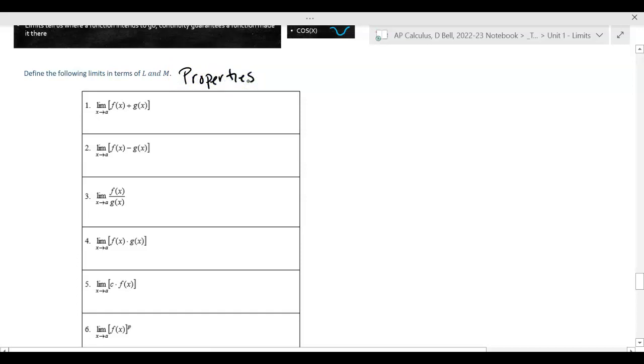So define the following in terms of L and M. We're going to say the limit of f of x as x approaches a equals L, and the limit of g of x as x approaches a equals M.